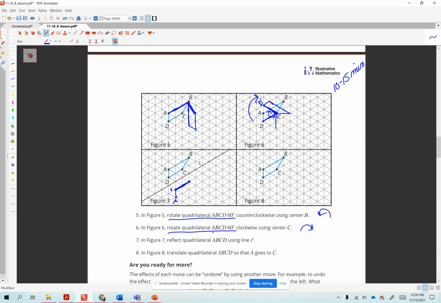A, D prime, C prime, and 1, 2, 3. 1, 2, 3. I see the mistake.